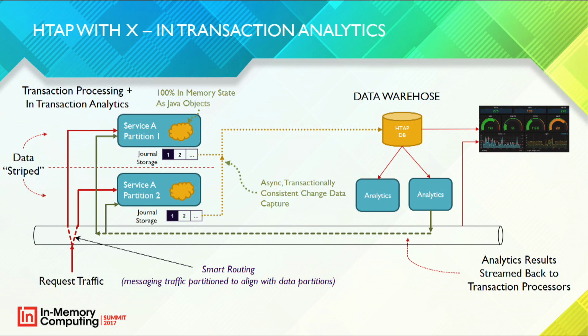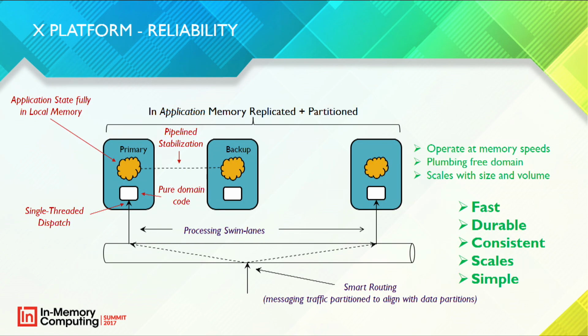And then to integrate with the rest of your enterprise, we have capabilities to siphon out data in an asynchronous but transactionally consistent way into your data warehouse where existing analytics applications can still continue to run. And again, the key there is that state in memory now really allows us to pull data in much, much faster.